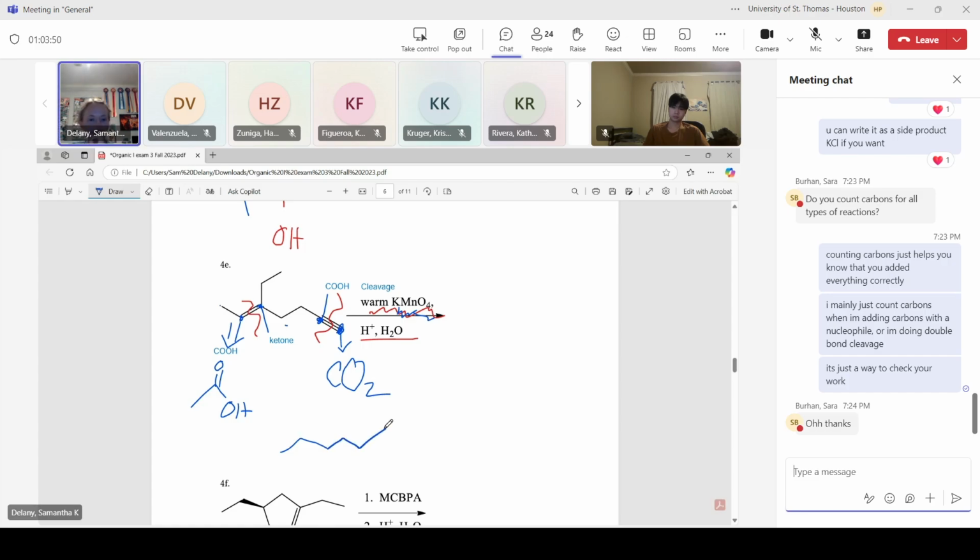On that 3rd carbon, we're going to have a ketone where we cleave the alkene. 4, 5, 6. On the 6th carbon, we're going to have a carboxylic acid where we cleave the alkyne.